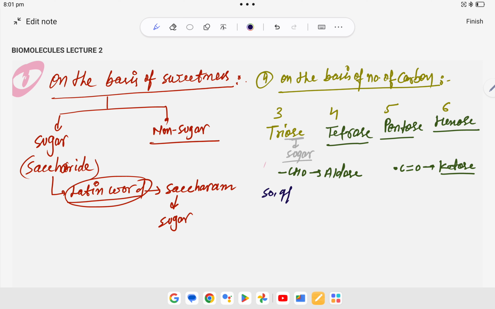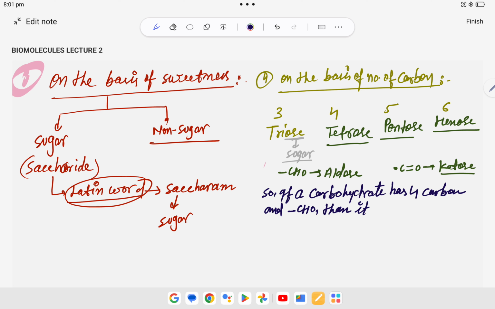If a carbohydrate has 4 carbon and a CHO group, 4 carbon and 1 CHO group, then what is the name, children?